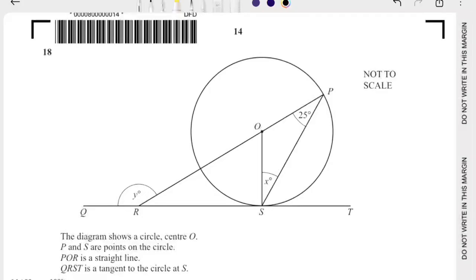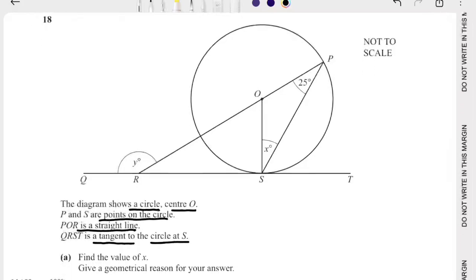The diagram shows a circle with center O. P and S are points on the circle. POR is a straight line and QRST is a tangent to the circle at S. Work out the value of x. Give a geometrical reason for your answer.